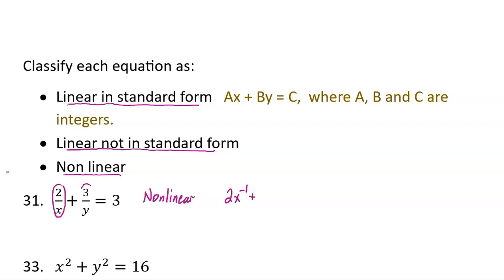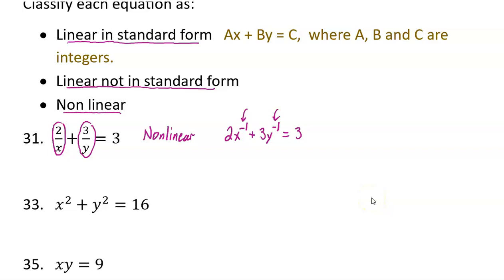Similarly, the 3 over y is the same thing as 3y to the negative 1 power. This is not a linear equation because the exponents on the x and the y are not ones.